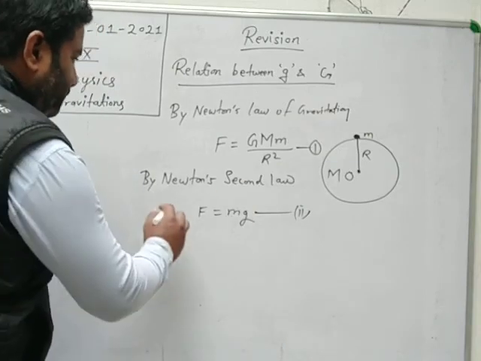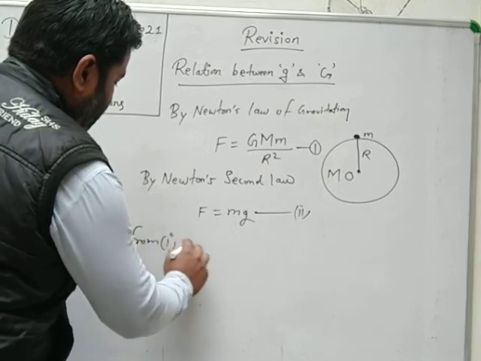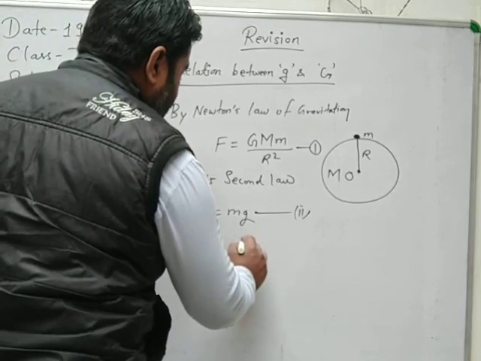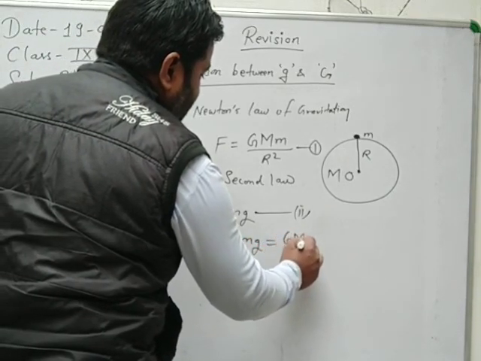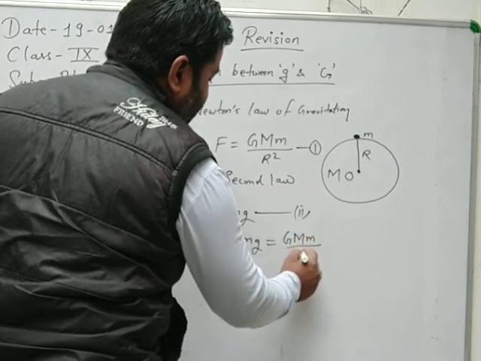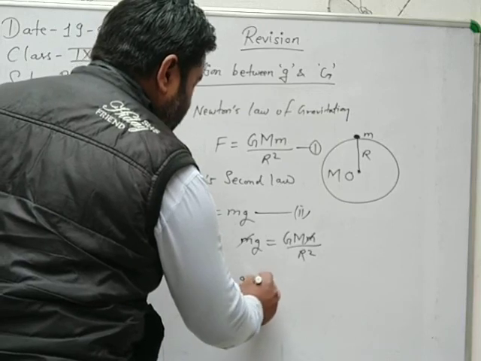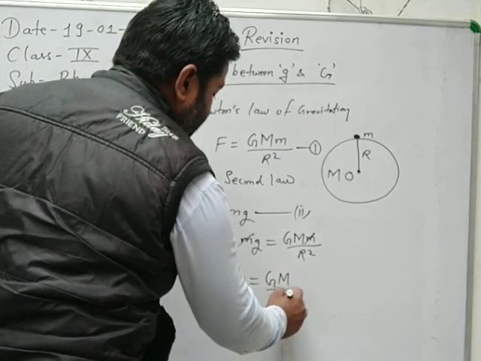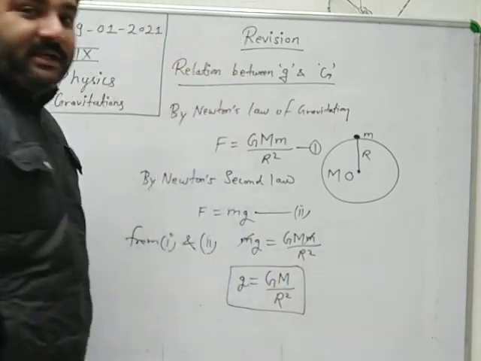So equating both from 1 and 2, mg is equal to capital G, capital M, small m upon r square. This m cancels out. So small g is equal to capital G, capital M upon r square. This is the relation between small g and capital G.